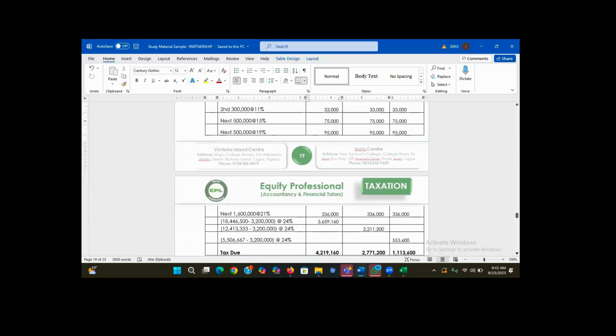So the next thing, next 1.6 million at how many percent? At 21%.